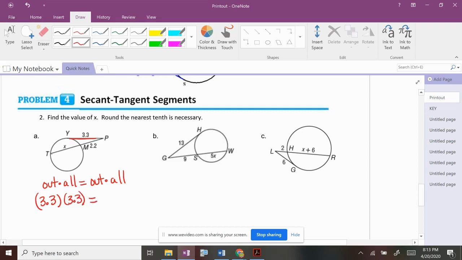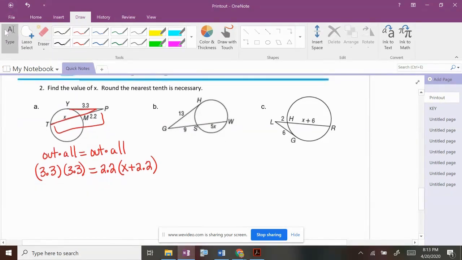The secant part outside is 2.2. And what's all of it? Make sure you add x plus 2.2. So you're using the formula for two secants, and then you're also using the same formula for a secant with a tangent. So doing the setup, same thing, out times all.